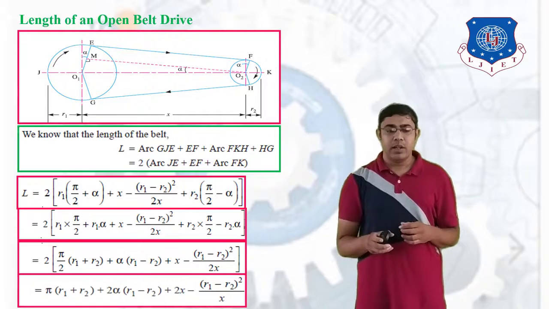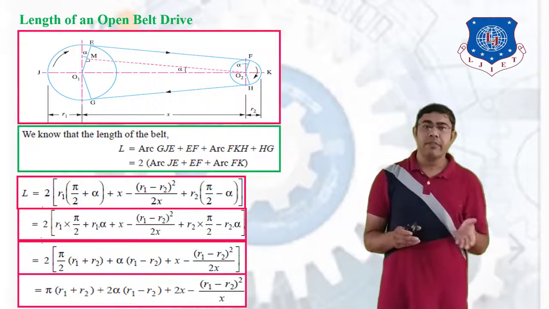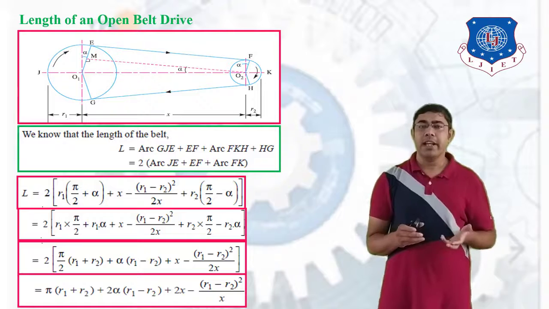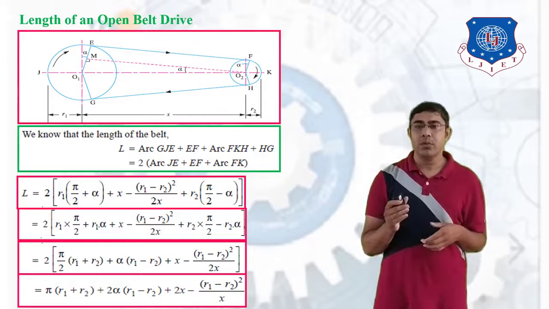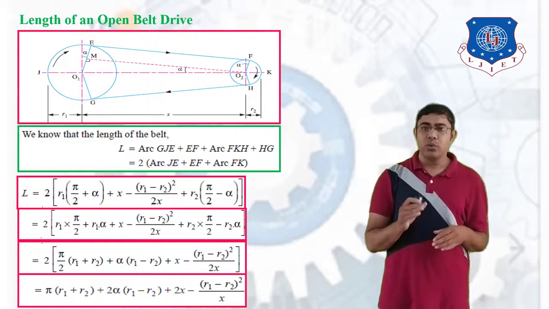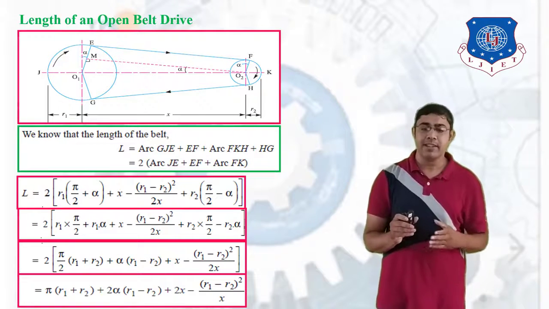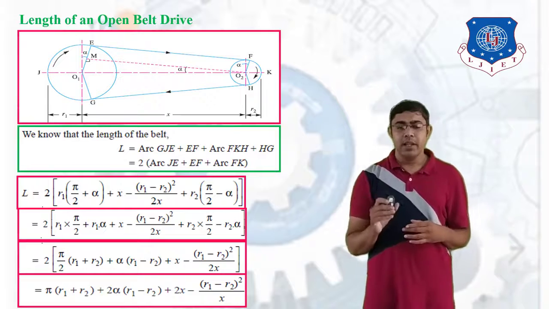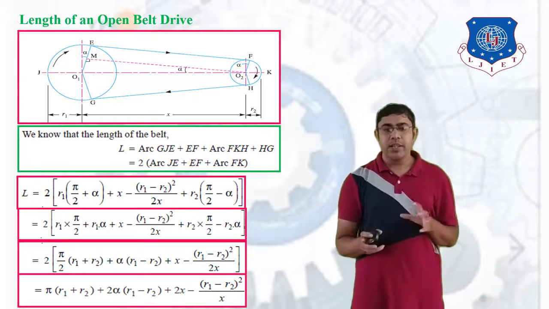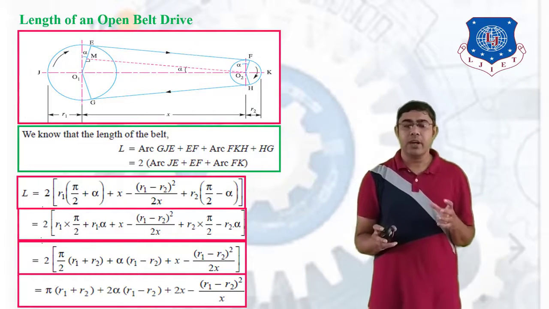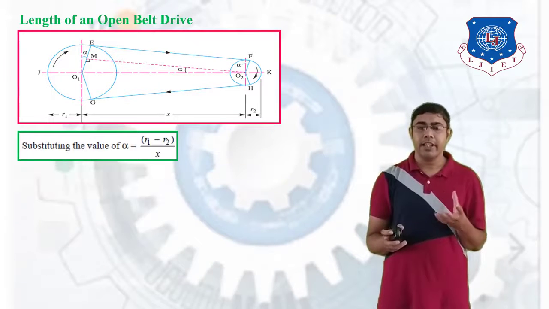If we multiply 2 in the bracket, we get L is equal to pi into (R1 plus R2) plus 2 alpha into (R1 minus R2) plus 2x minus (R1 minus R2) square divided by x. So this is the length equation, and we have to simplify it further.